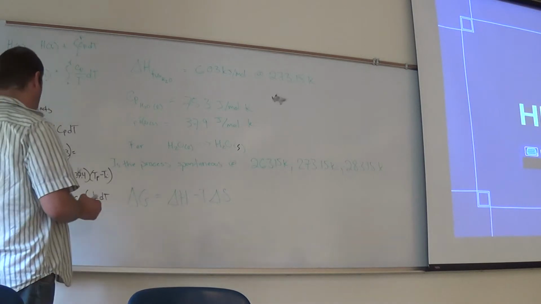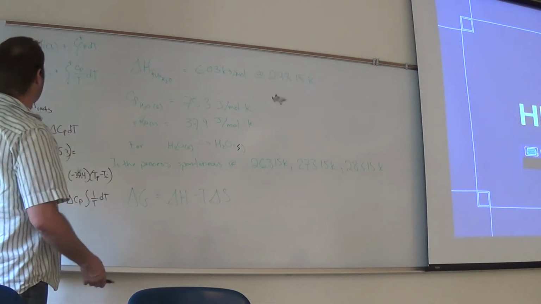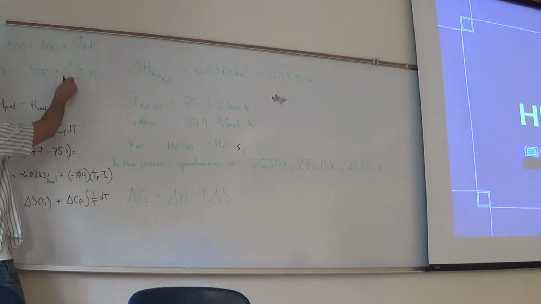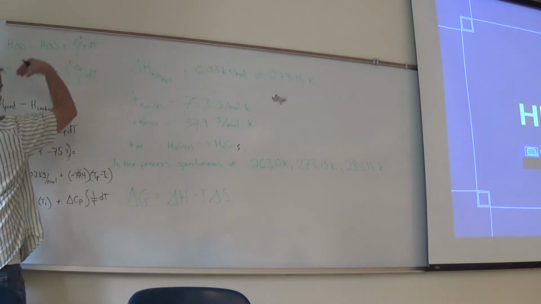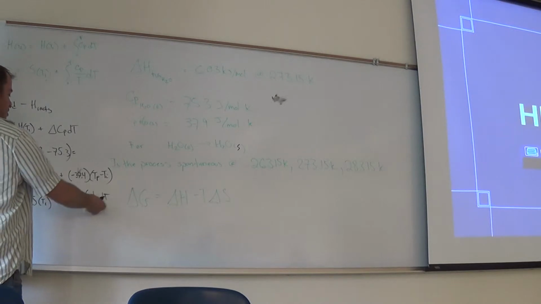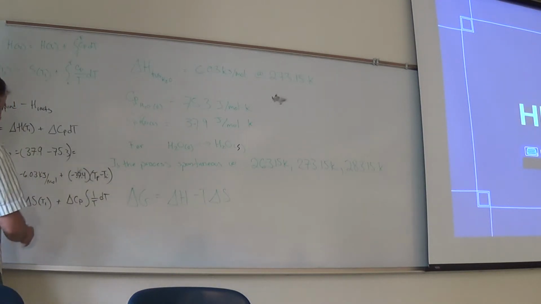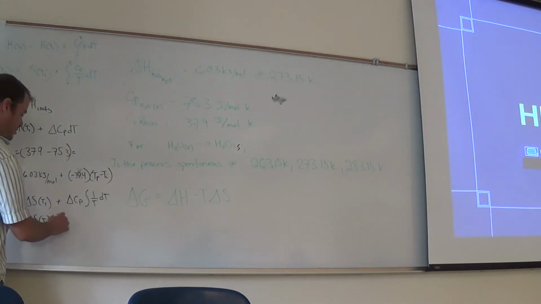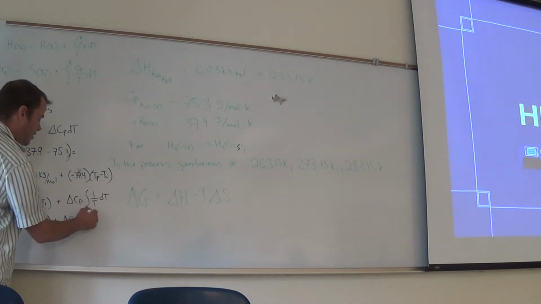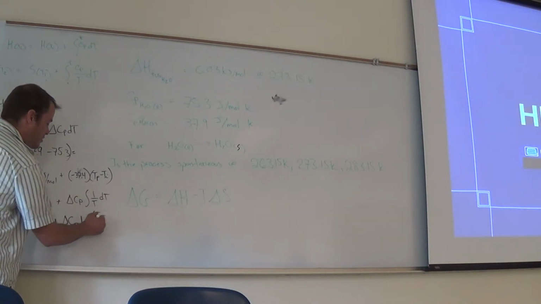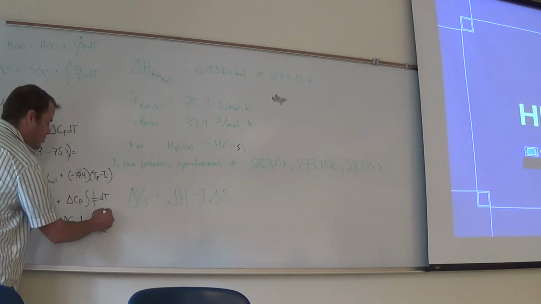Because we said that the change in S goes as C sub P over T dT from initial to final conditions. So all of that ends up equaling delta S of T1 plus delta C sub P times the natural log of T final over T initial.